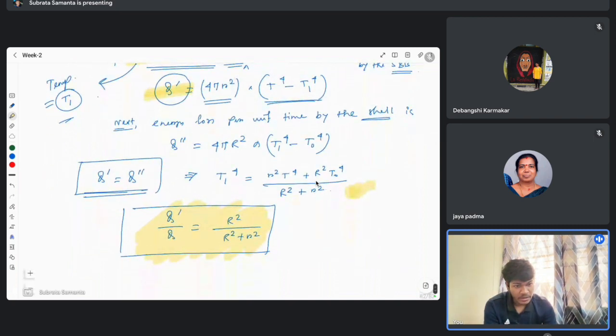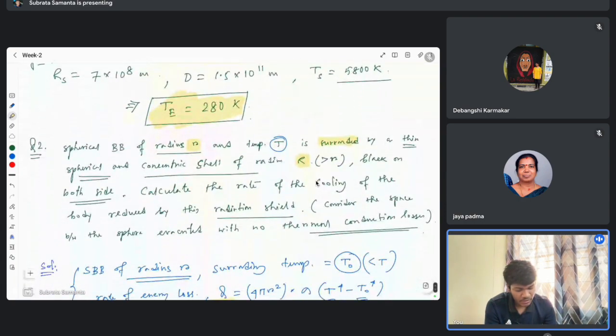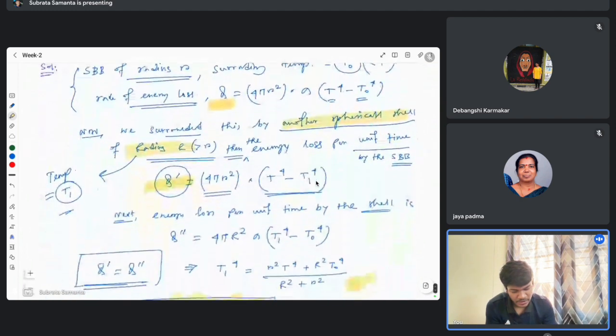Now we take the ratio of Q prime by Q. This is R square by R square. This calculates how much the rate of cooling of the body is reduced by this radiation shield. So once we add this spherical cell outside, how much it is reduced, that is calculated. This is the ratio.